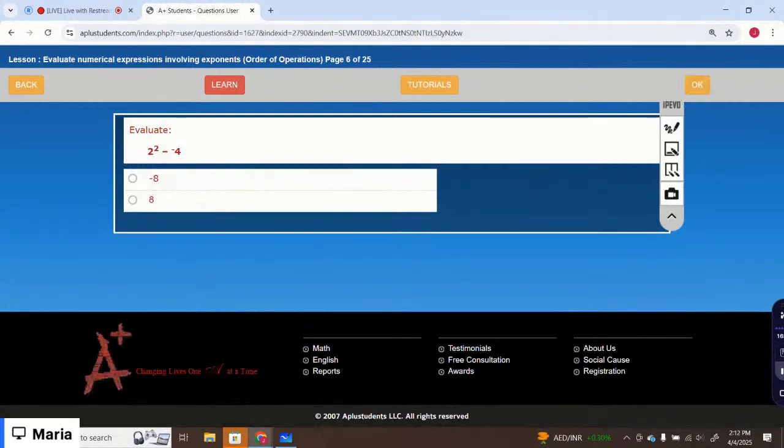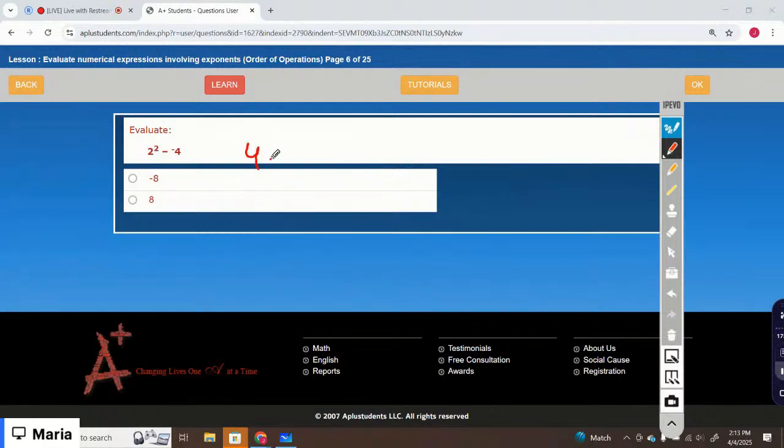Evaluate 2 square minus negative 4. 2 square is 4, minus negative 4. Subtracting a negative number is the same as adding. 4 plus 4 is 8.